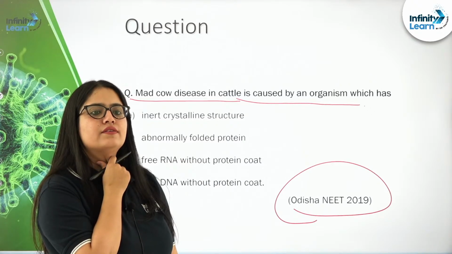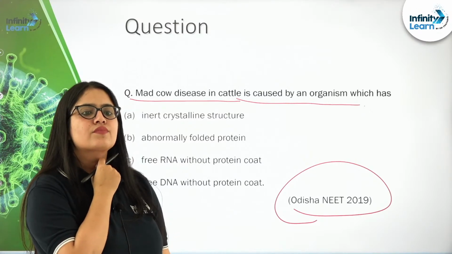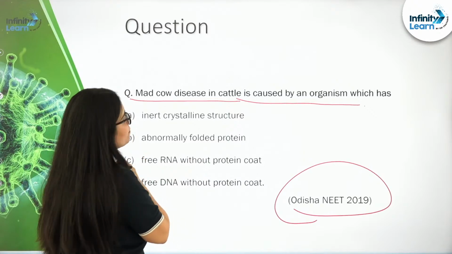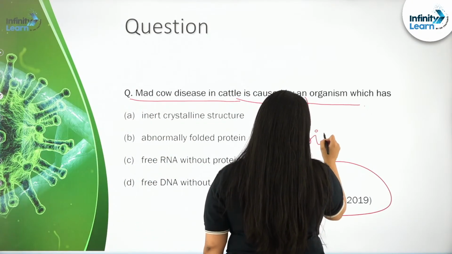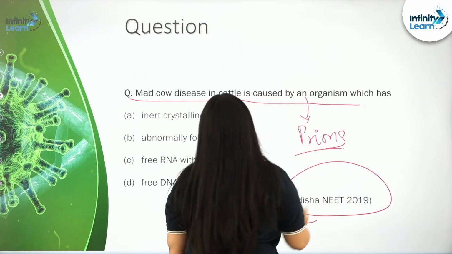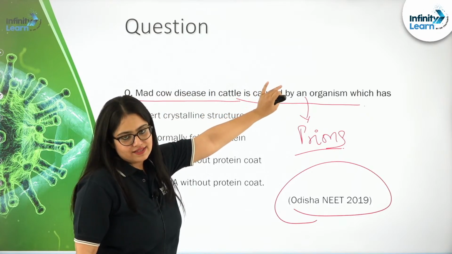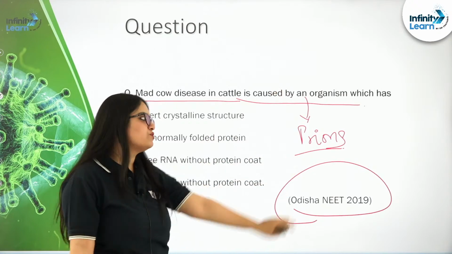Thank you Ankita. Thank you Sandhya. So the answer is prions. My kids, prions are the ones which cause mad cow disease in cattle, and these prions are nothing but abnormally folded proteins.